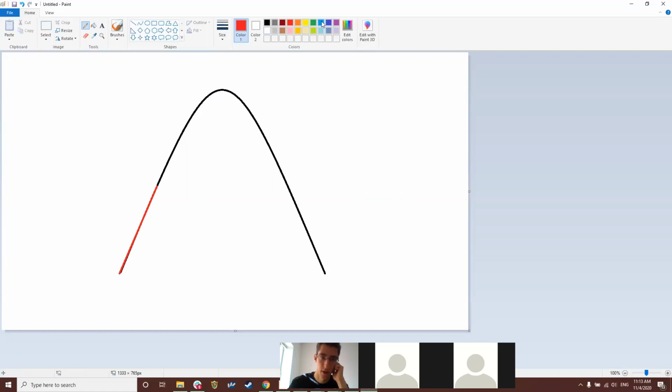Then you have, let's call it delay time. And this is the point, ideally, when you should deploy a parachute. And then the rocket slowly descends to the ground.